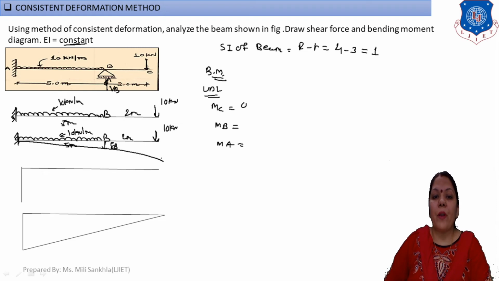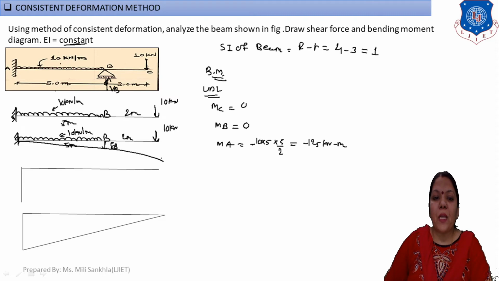At point B no UDL, that means our bending moment is 0. At point A, the moment of this UDL is load into distance, 10 into 5 and 5 by 2, load into distance by 2, and this is right hand side clockwise, that means minus.